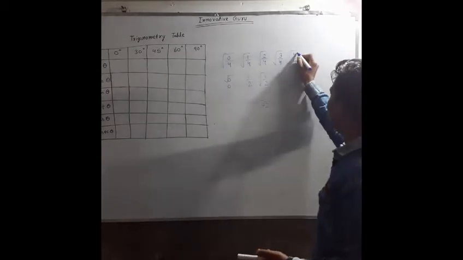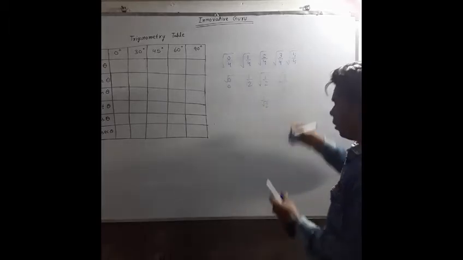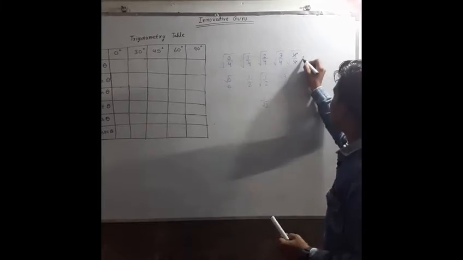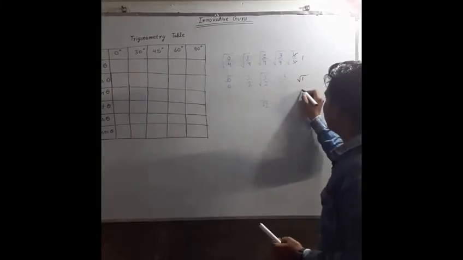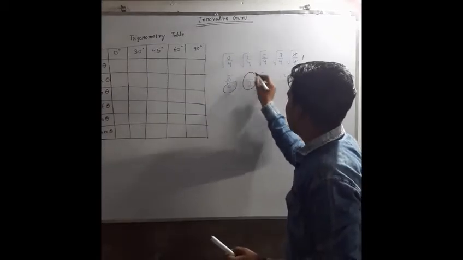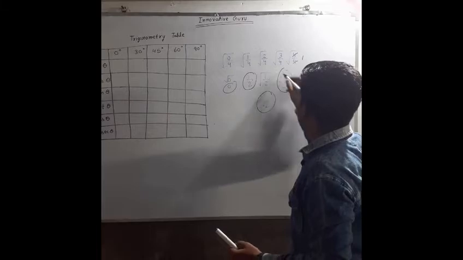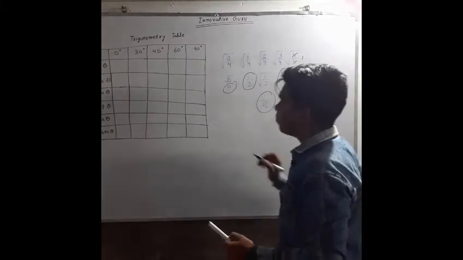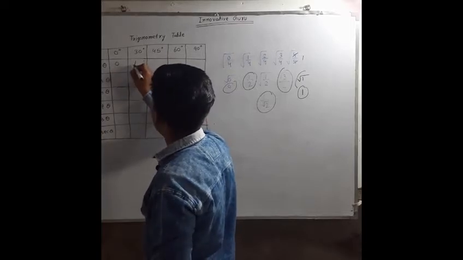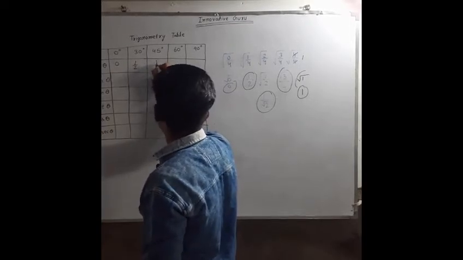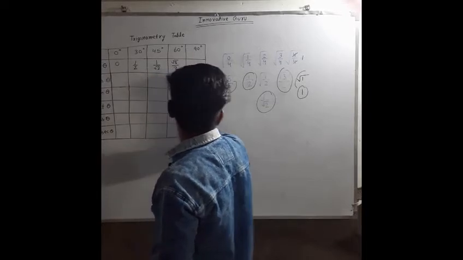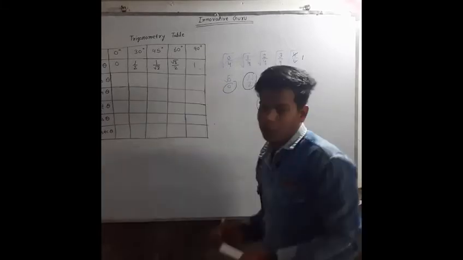Now 4 divided by 4 is 1, and the root of 1 is equal to 1. I hope you got the answer. Now your first table is here: 0, 1 by 2, 1 by root 2, root 3 by 2, and the last one is 1.